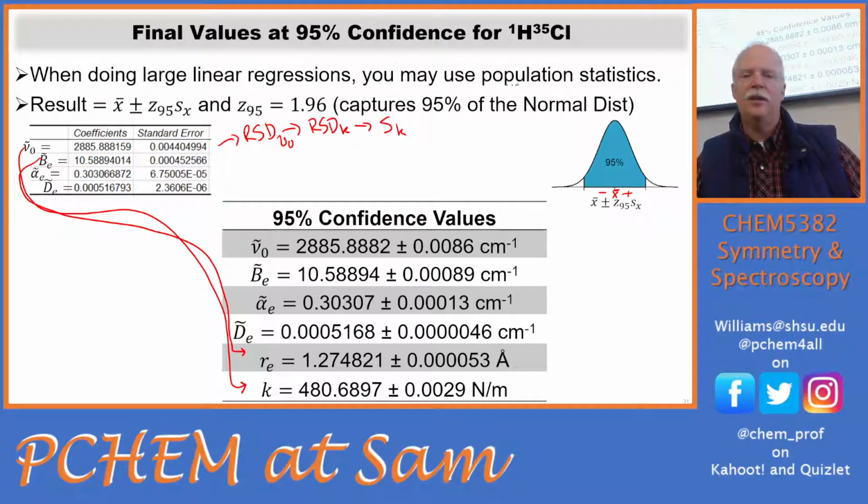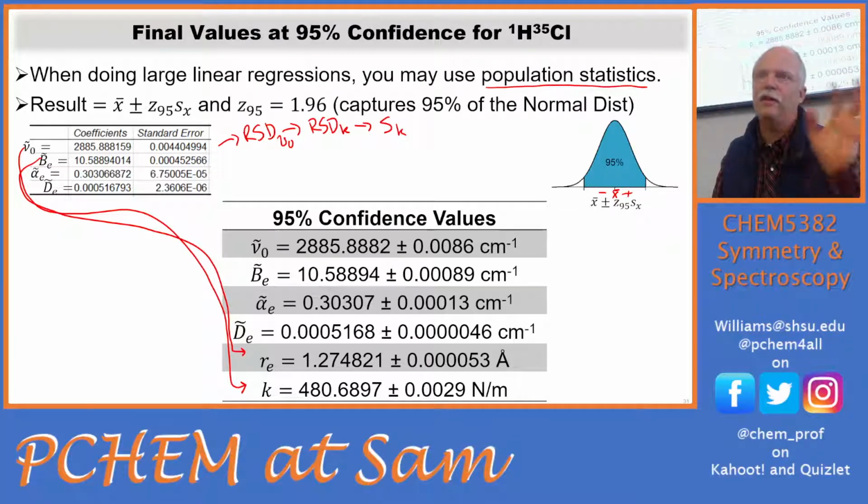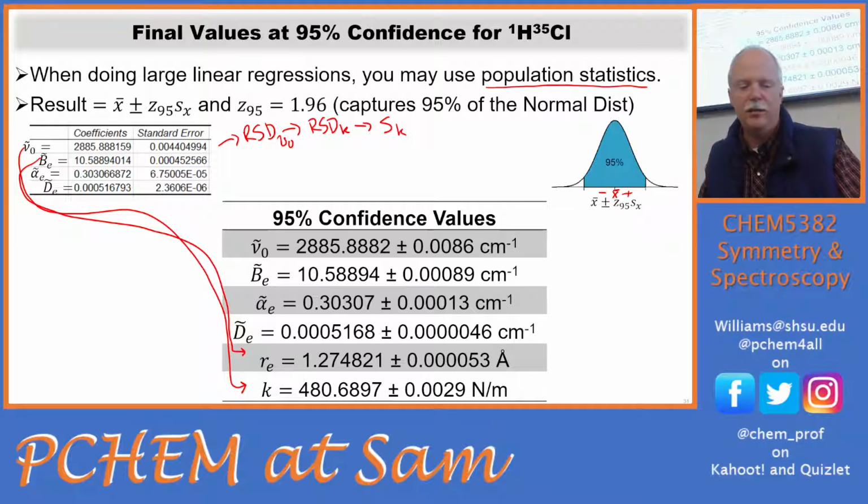Because we're doing a large linear regression, we can use population statistics. We don't have to get into the student t-values and the degrees of freedom or anything like that. We can just say that we have a population, and this 1.96 captures 95% of the normal distribution. So we've taken that uncertainty in K and multiplied by 1.96, and that's this value right here.